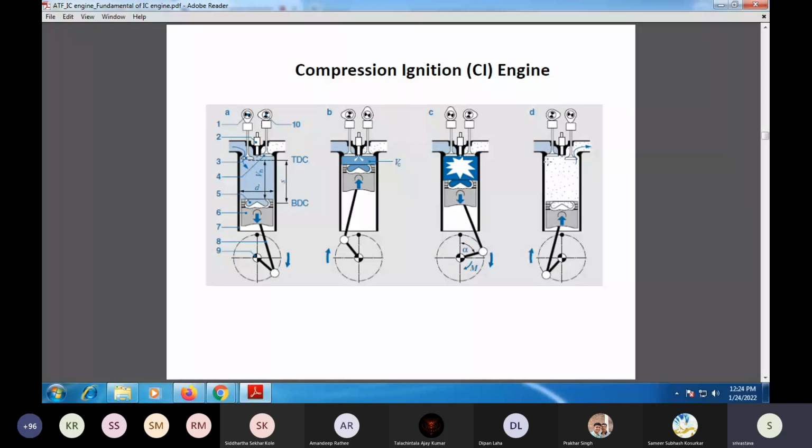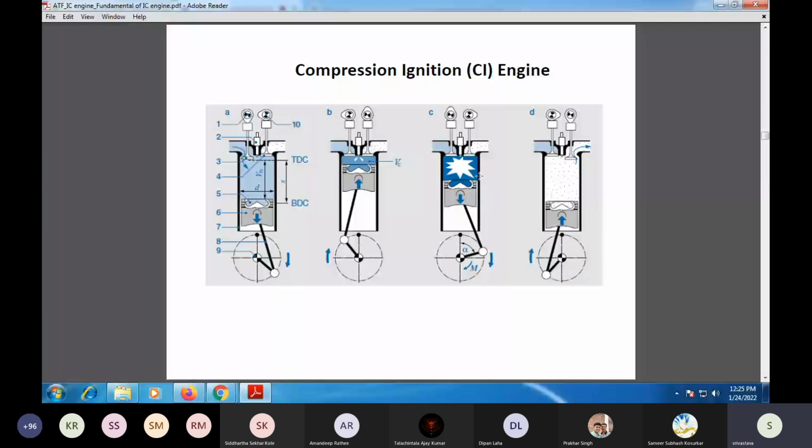Here it's very important to note that in the gasoline engine, we have a spark plug to initiate the combustion, and then a definite flame travels from the spark plug and propagates across the combustion chamber, and it consumes the air fuel mixture.